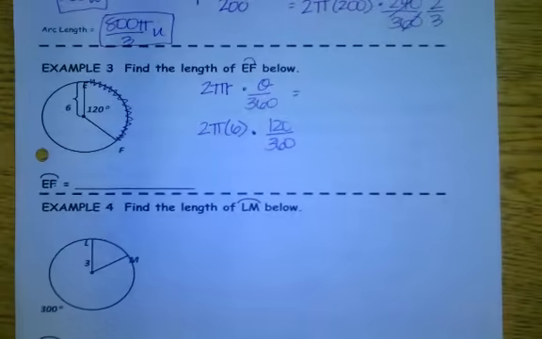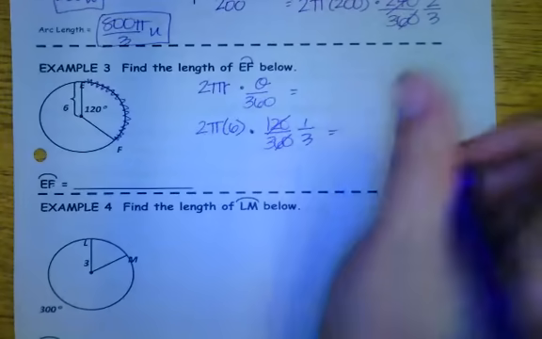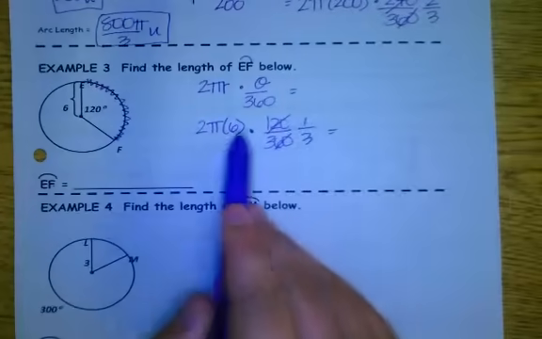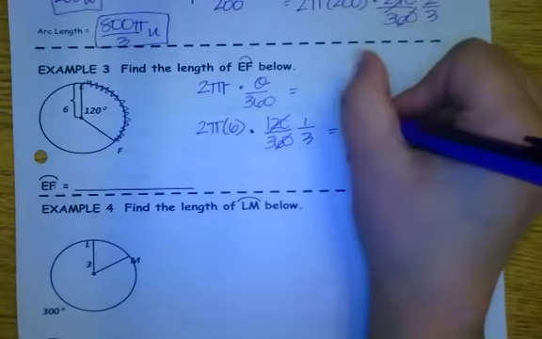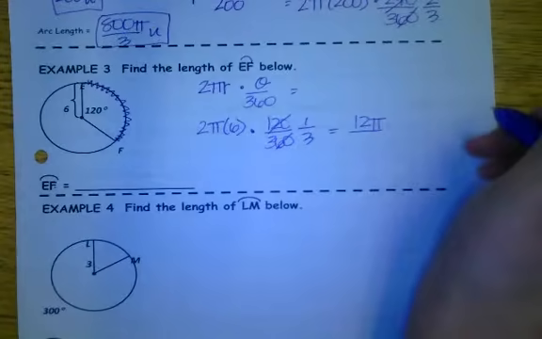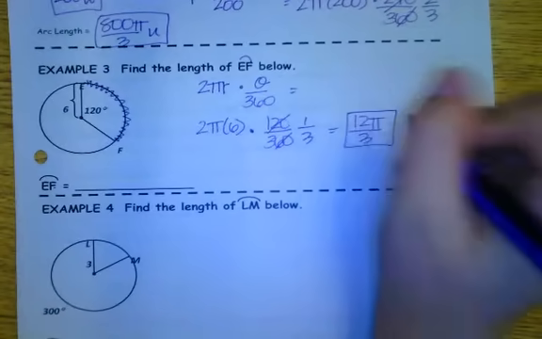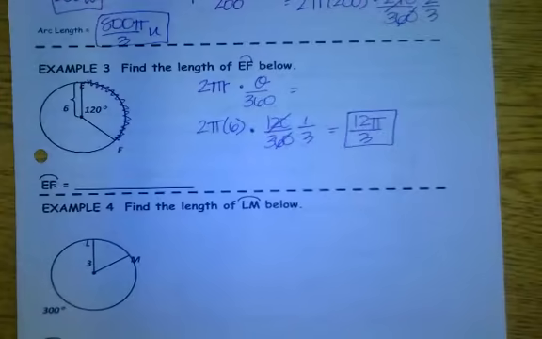Mason, what does 120 over 360 simplify to? 1/3. So I have 2 pi times 6 times 1, which is 12 pi over 3. And 12 pi over 3 simplifies to 4 pi.